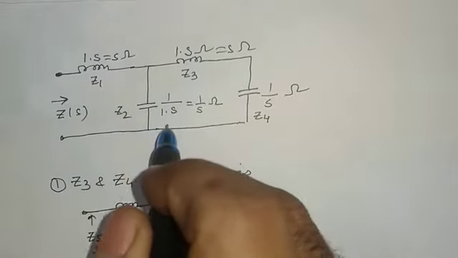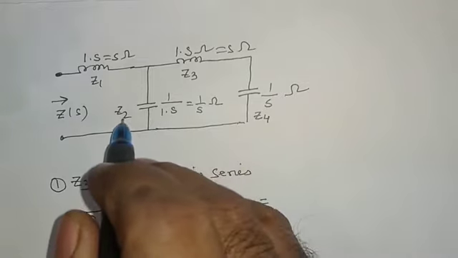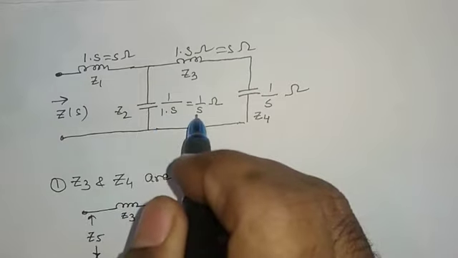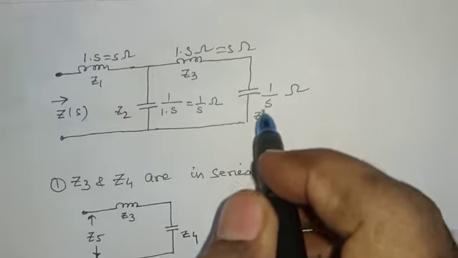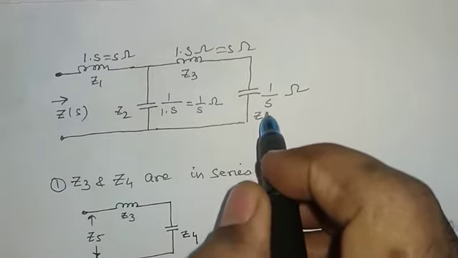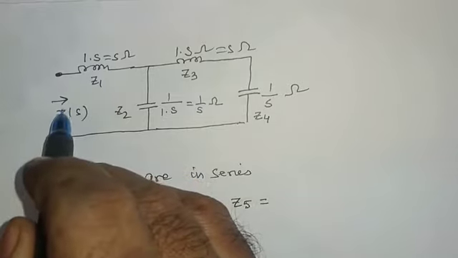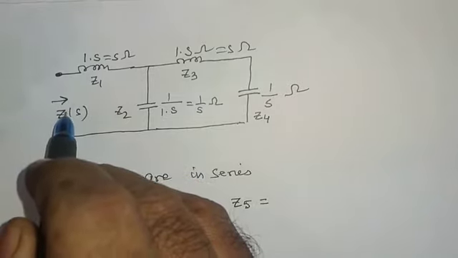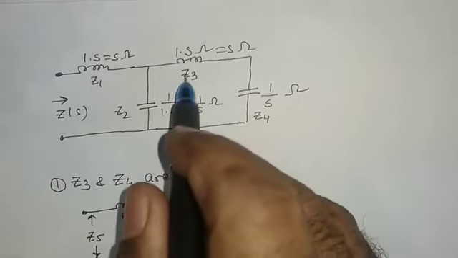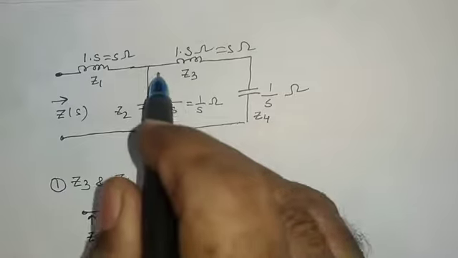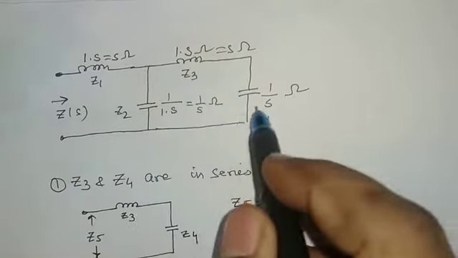The capacitor is of 1 farad, therefore according to the formula 1 upon Cs, the capacitor ohmic value will be 1 upon S ohm, and this other capacitor will also be 1 upon S ohm. Then to calculate the equivalent impedance Zs, I will consider Z1, Z2, Z3 and Z4.